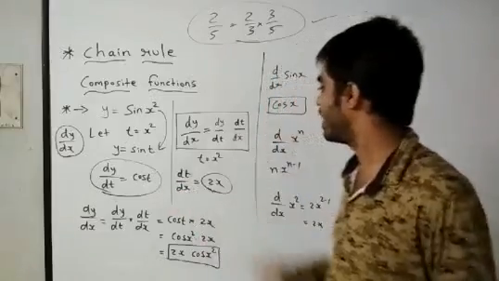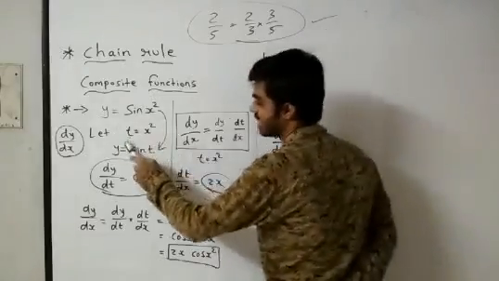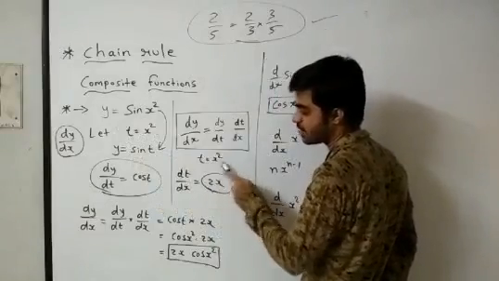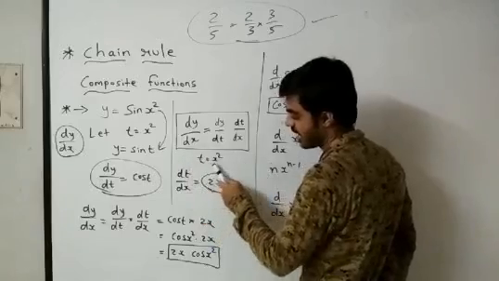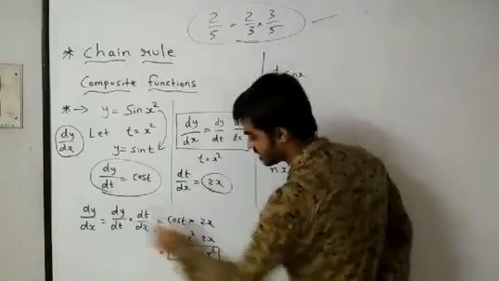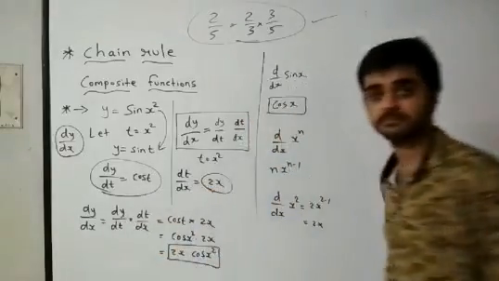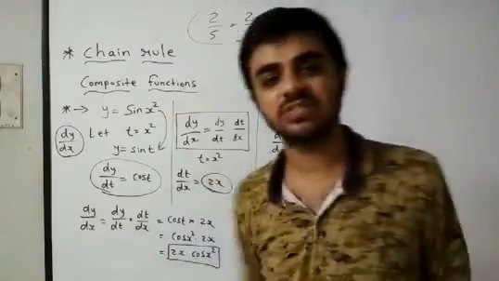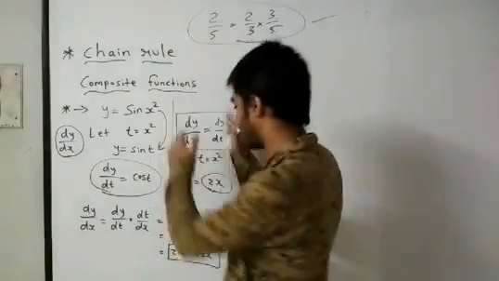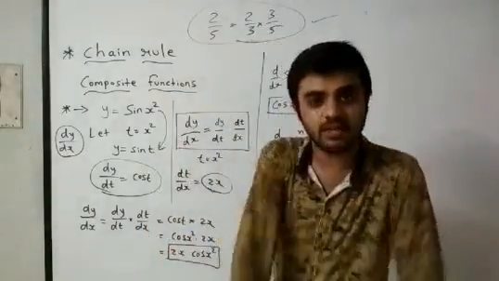Now we want dt by dx. तो dt by dx कैसे आएगा, t is equal to x square. Now differentiate with respect to x. So dt by dx, x square derivative is 2x. Now multiply this both. That is our answer. Actually this is very easy. Chain rule means we have to break this function into two parts and then we have to multiply. We will get our answer.